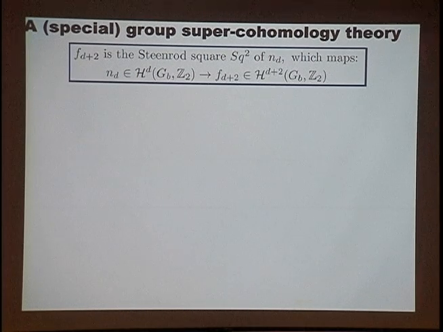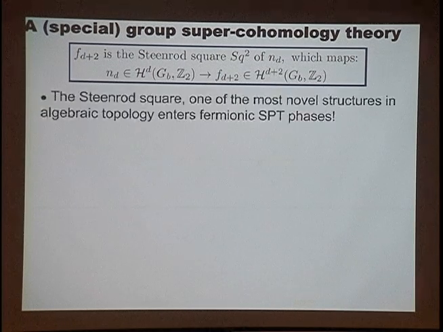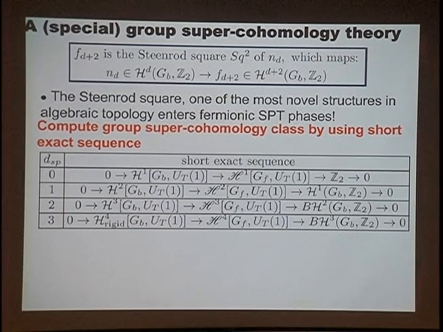He told me, oh, that's a Steenrod square. Yeah, that's very nice. And finally, we understand that this is a mapping from H^D to H^(D+2) with Z2 coefficient. So this guarantees some consistency condition of this grading structure.